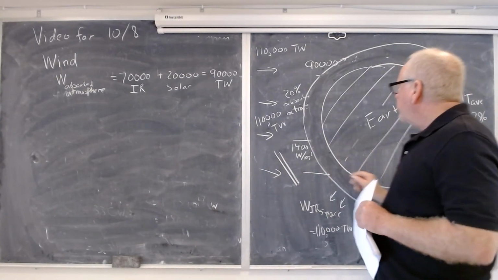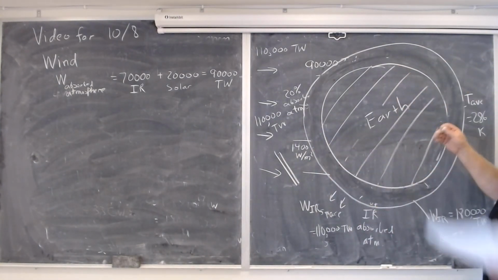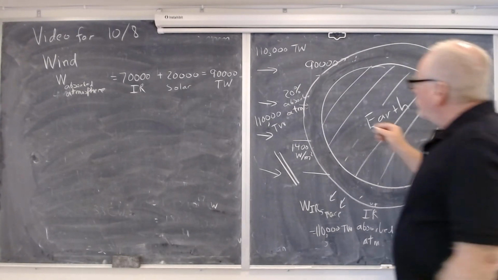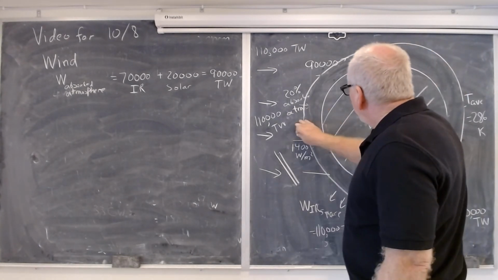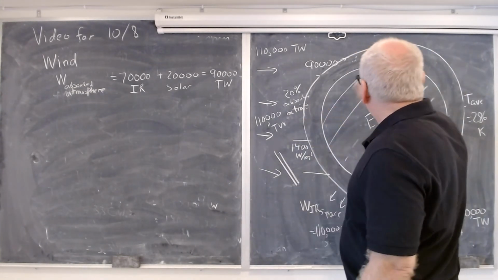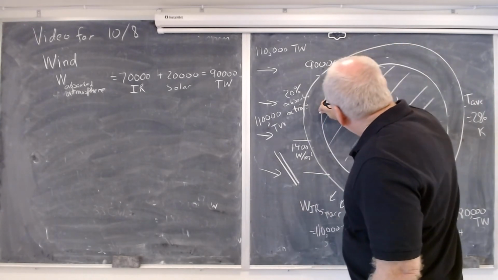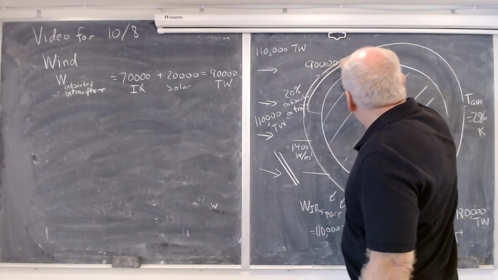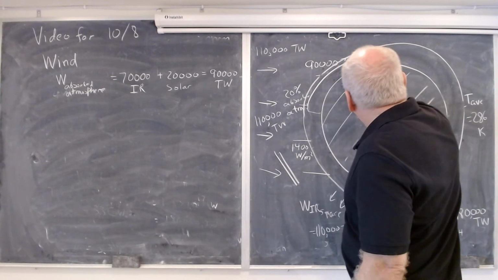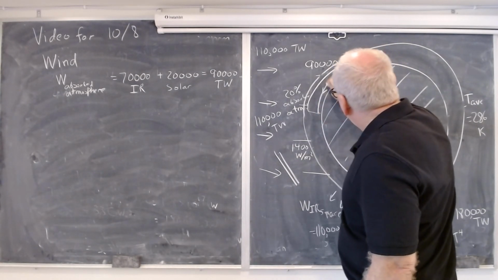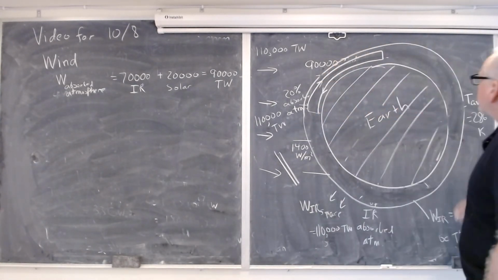And so what happens now, let's first imagine if the Earth was not spinning. Because it's hotter at the equator and colder at the poles, you would have a natural sort of cycle of wind like this.